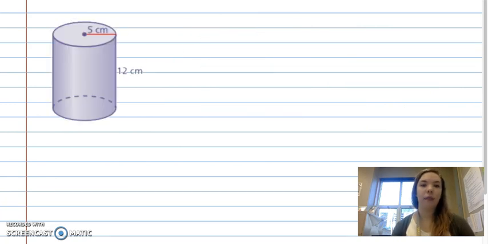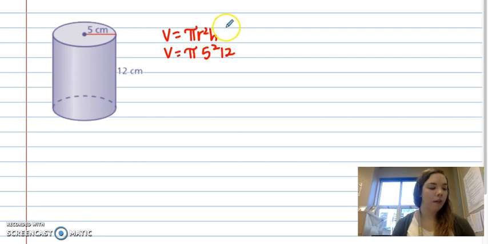And then here we have one more. And this would be my radius because it's on the circle. Remember, it doesn't matter if it's sideways. Look for the length on your circle. So this would be 5 squared times 12. 5 squared is 25. 25 times 12 is 300. So 300 pi is our exact form.